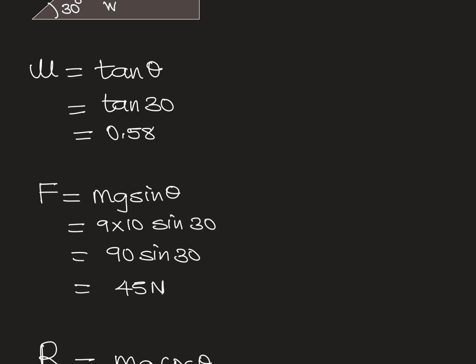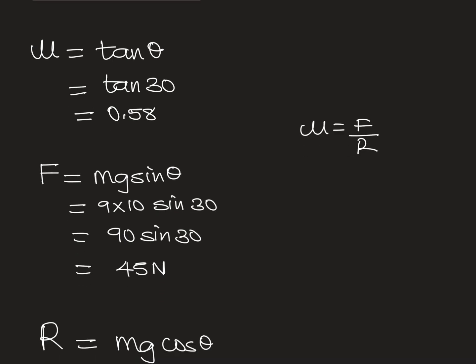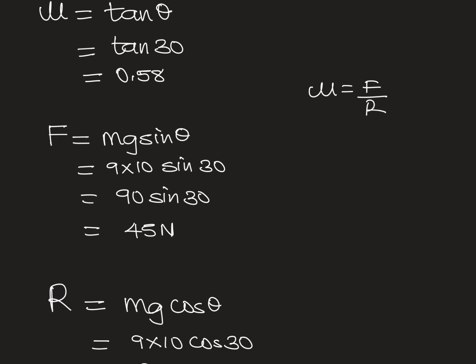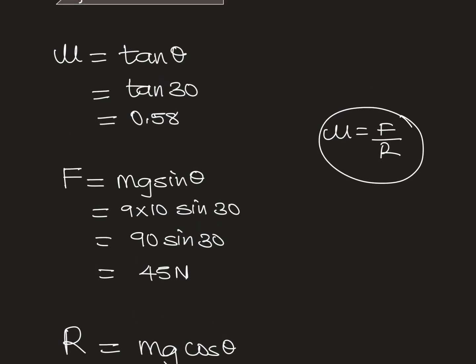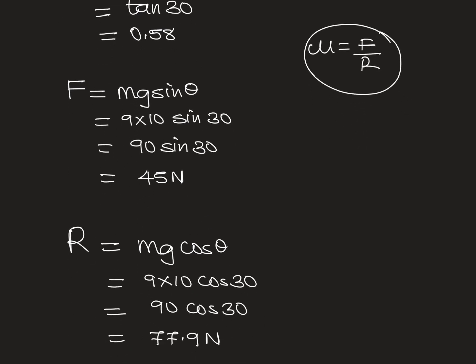But you know that mu is also equal to F over R. So if you divide the frictional force by the normal reaction, that is 45 divided by 77.9, you will have 0.58.